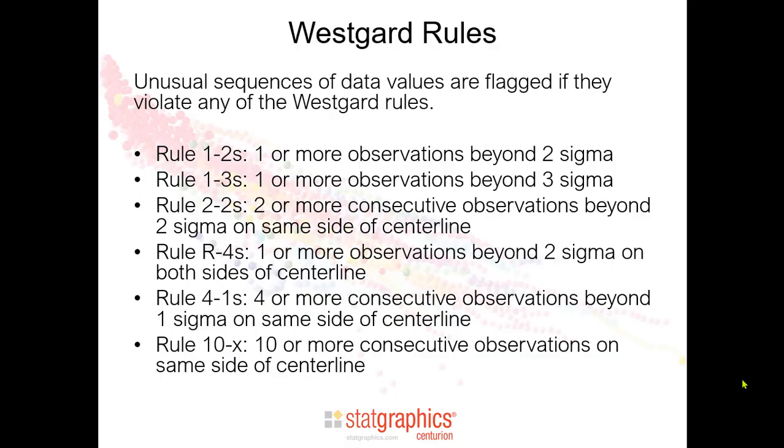Rule 4-1s is violated if there are 4 or more consecutive observations beyond 1 sigma on the same side of the center line. And finally, Rule 10-x is violated when there are 10 or more consecutive observations on the same side of the center line. These are similar to the well-known Western Electric rules, only slightly different.